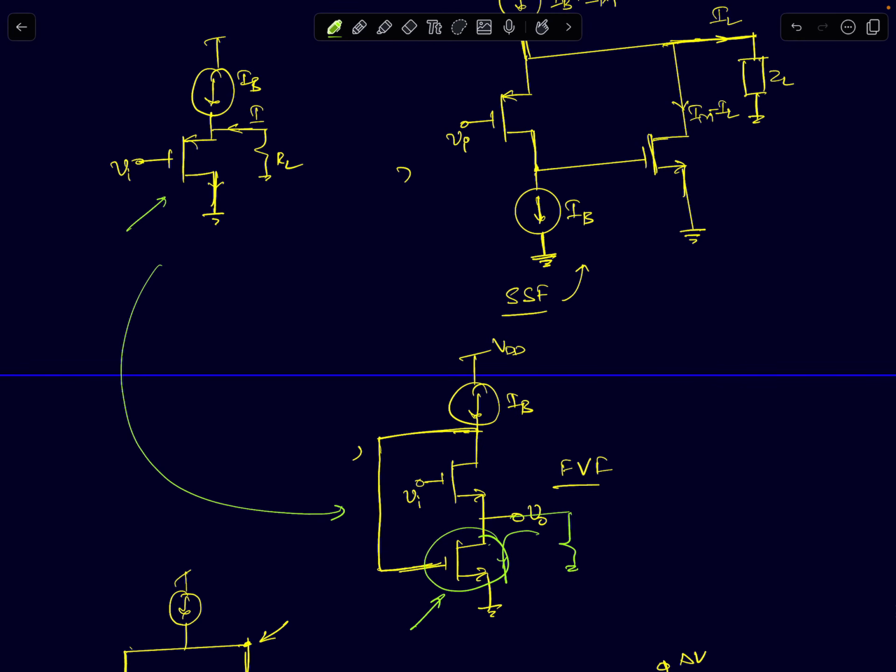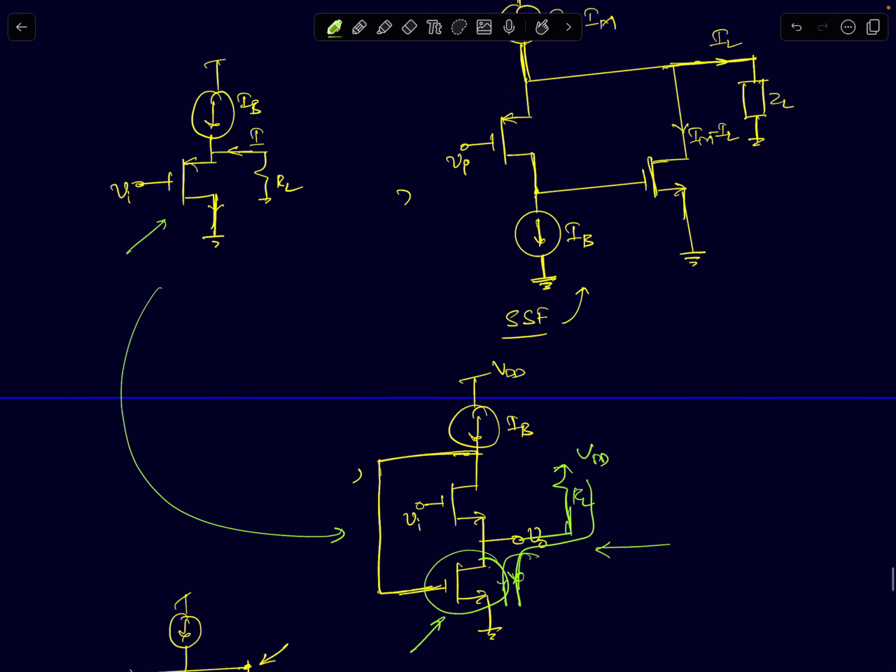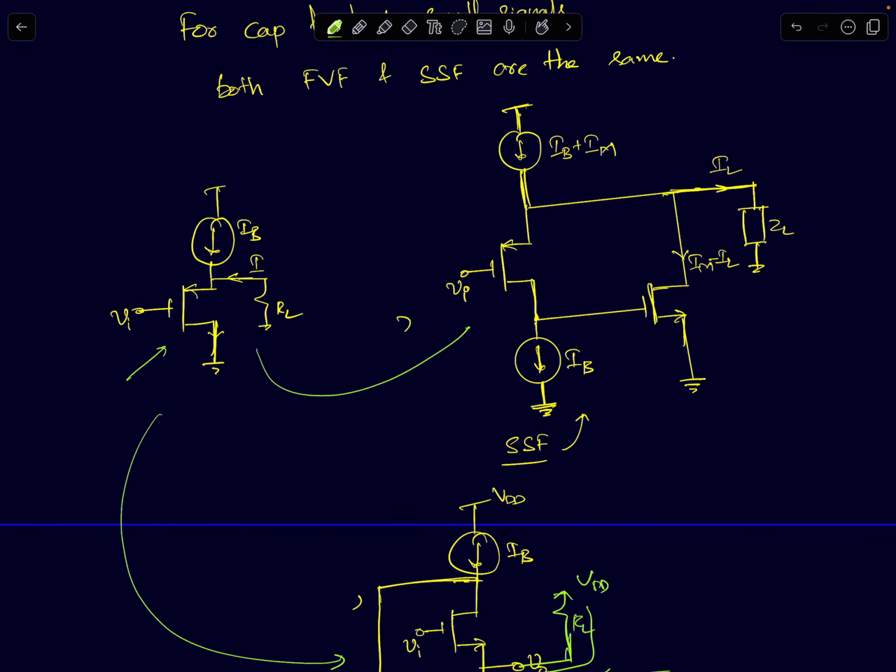It will be able to sink current this way. If your load is connected to VDD, this amplifier would be the preferred choice. So this will be a super source follower equivalent of a PMOS source follower, where your output DC will be greater than the input DC, and you get near linear characteristics, input versus output. And how do we achieve it? Using feedback.